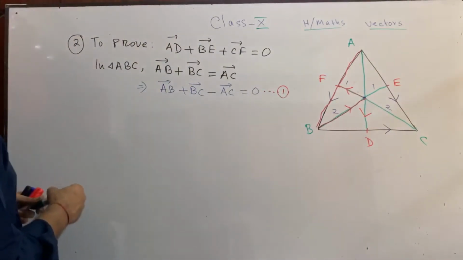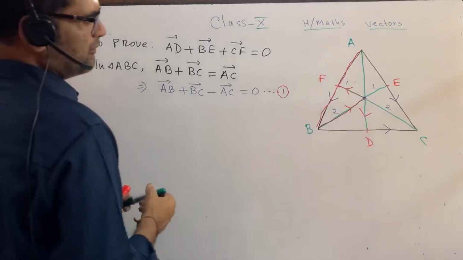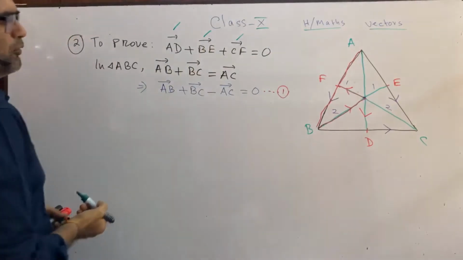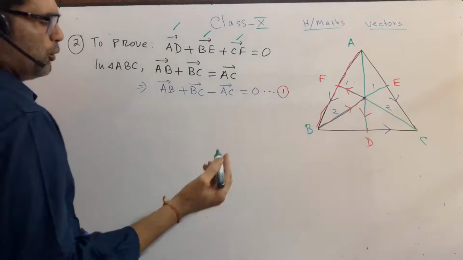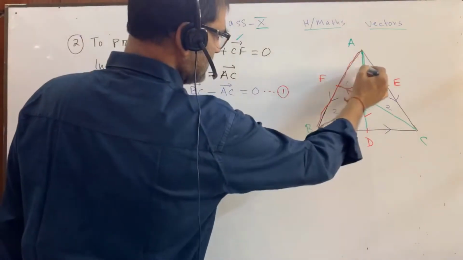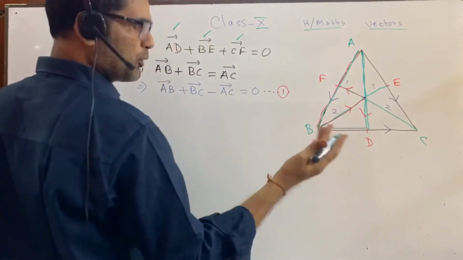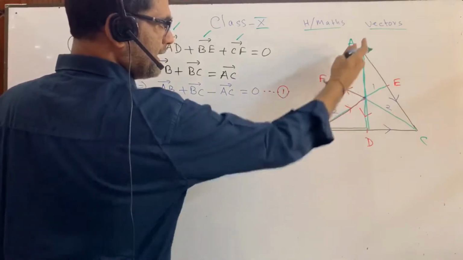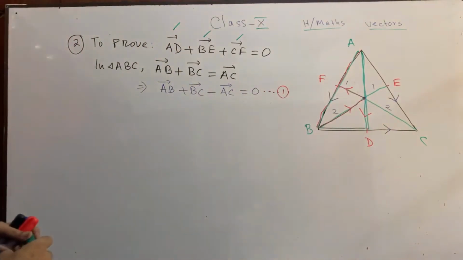Now we have to take triangles regarding AD, BE and CF. Okay, now take a triangle where there is AD. We can take two triangles, ABD or ACD. Any of these two triangles can be considered.